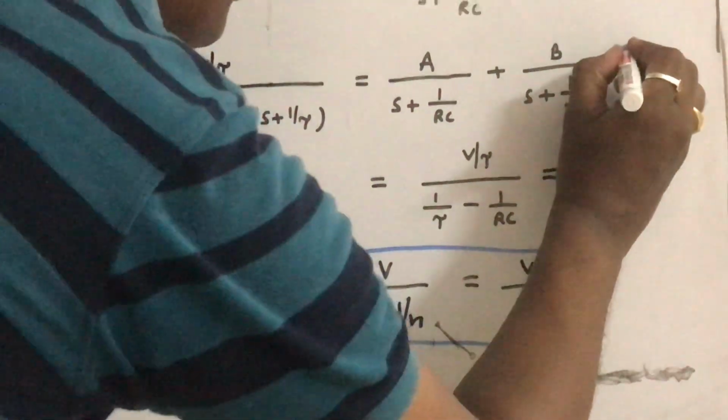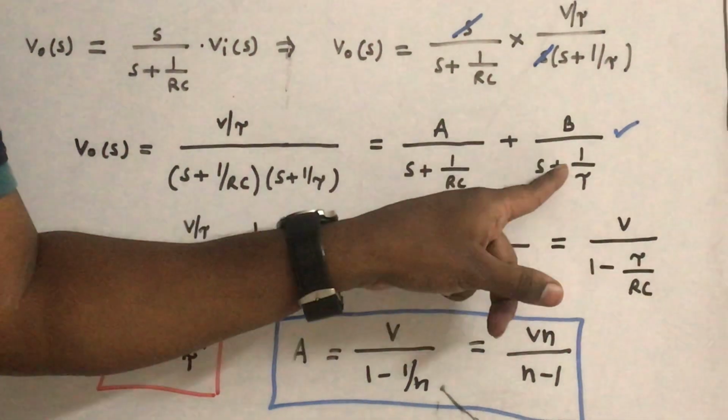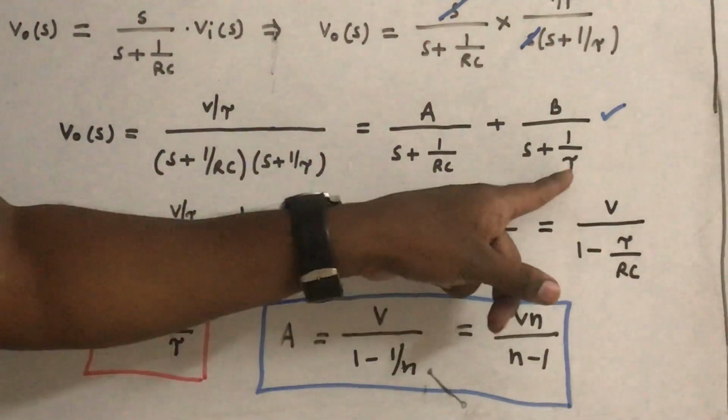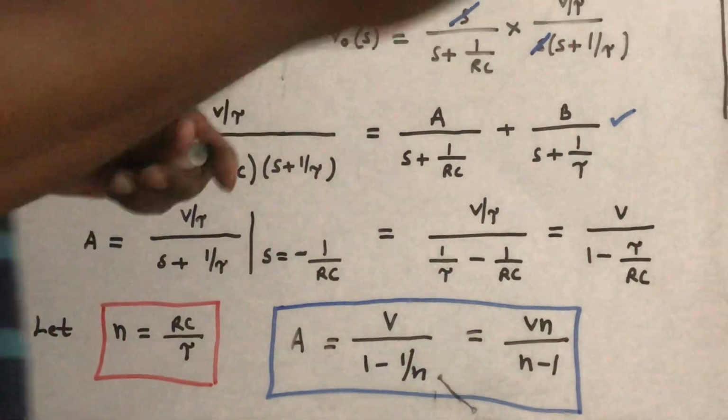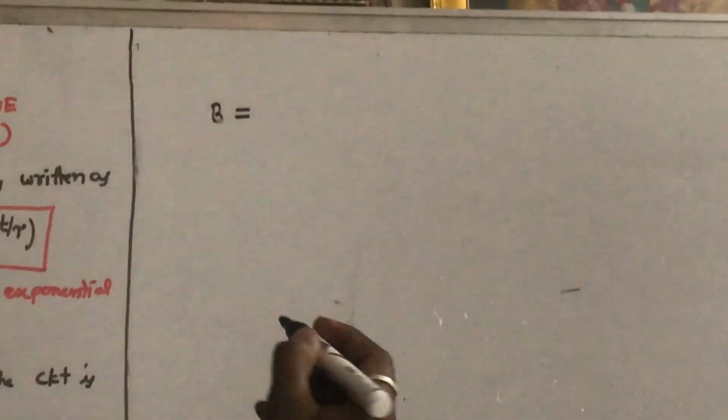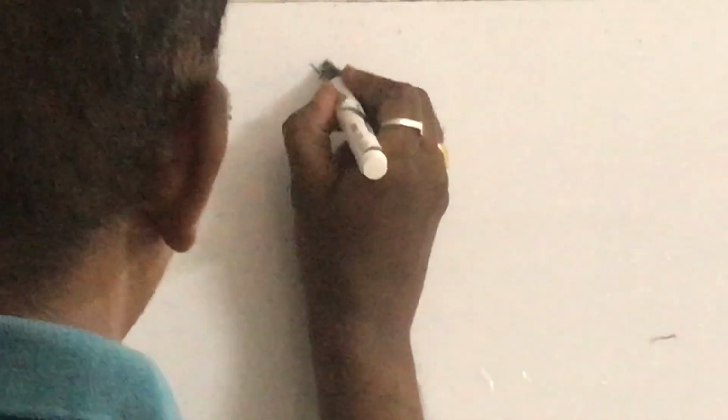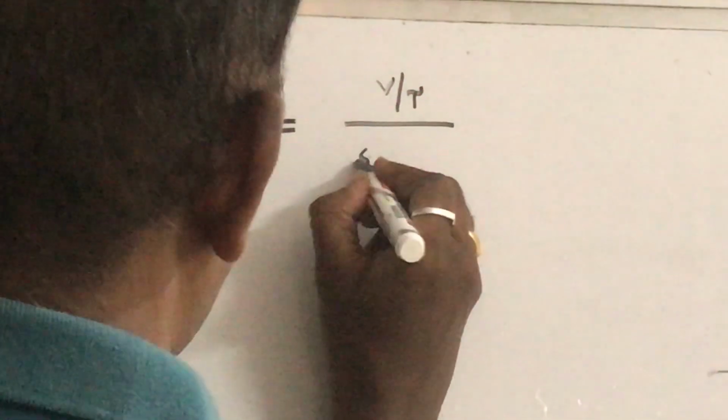Similarly, calculate B from this expression. While calculating B, multiply this term by s plus 1 by tau and substitute s is equal to minus 1 by tau. So therefore, B is calculated as V by tau by s plus 1 by RC.